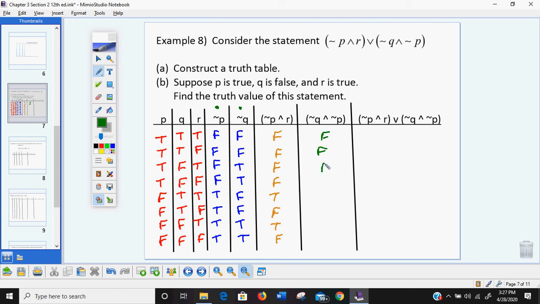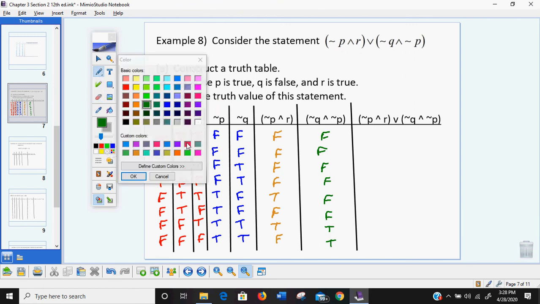So we have 4 false in a row. Then we're going to have false, false, 2 more falses. And the last 2 are both true, because we have true and true. Okay?